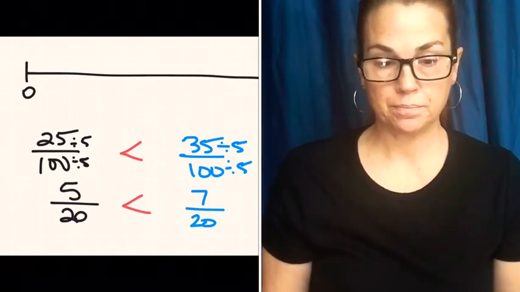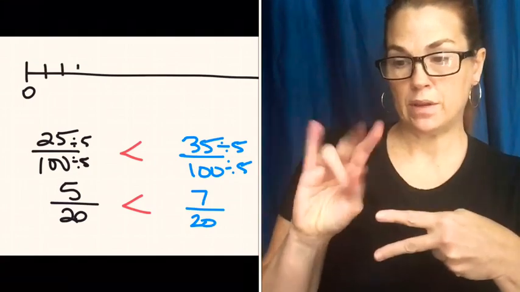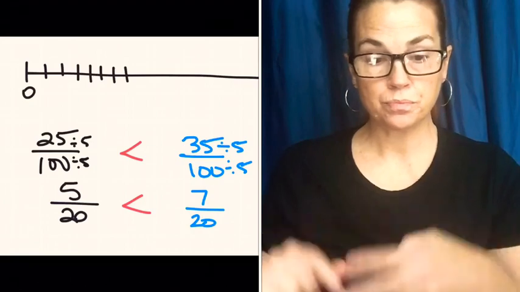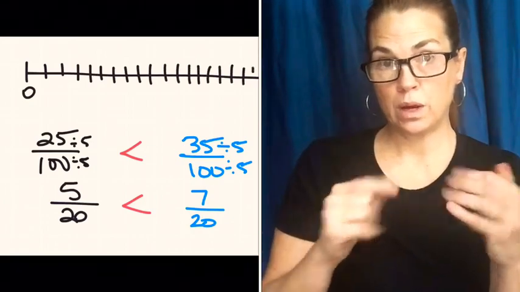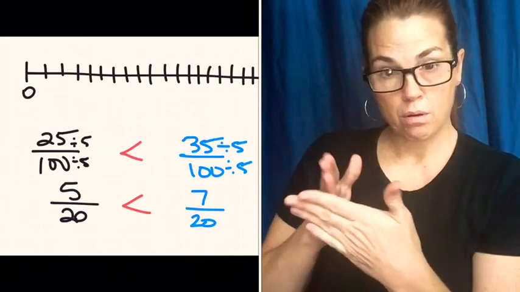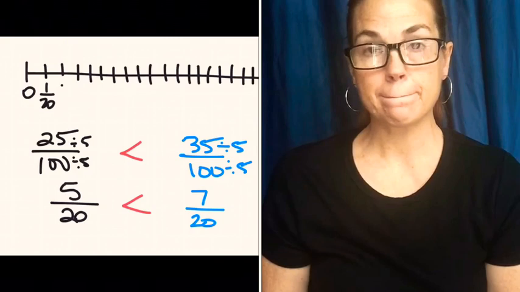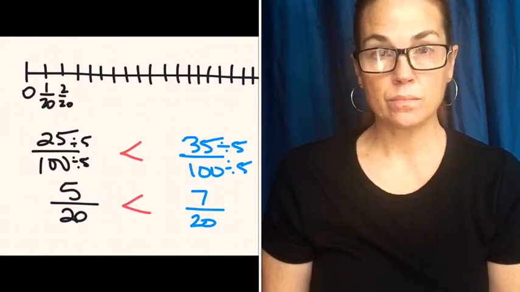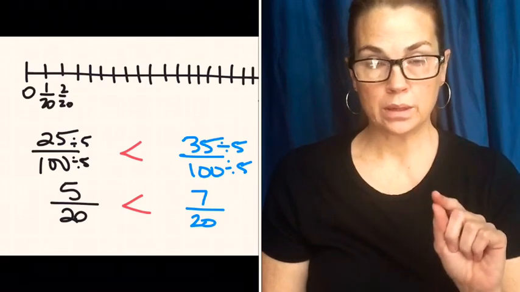So if I broke my number line up into 20 parts, 1, 2, 3, 4, 5, 6, 7, 8, 9, 10, 11, 12, 13, 14, 15, 16, 17, 18, 19, 20. Then this would be 1/20, 2/20, and so on, all the way to 20/20, or 1 whole.